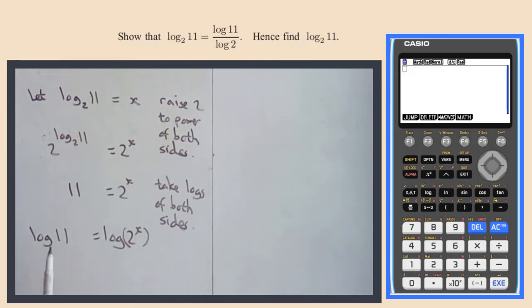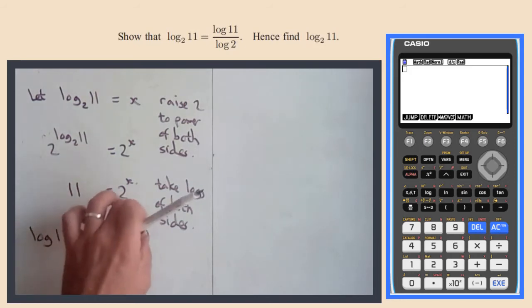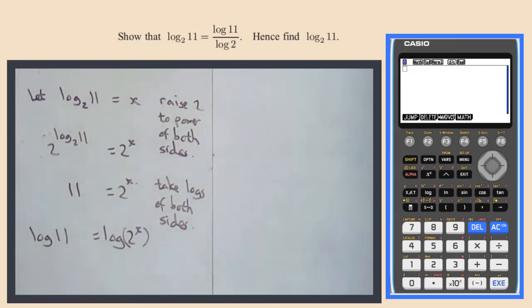This is why logs are so useful. They're really good for solving equations when you've got your unknown in the power. Because of this third law of logs, you can move the power as a multiplier, and it makes it so much easier to find. That's one of the major applications of logs, to solve equations where the unknown is in the power. So using the third law, log 11 equals x log 2.